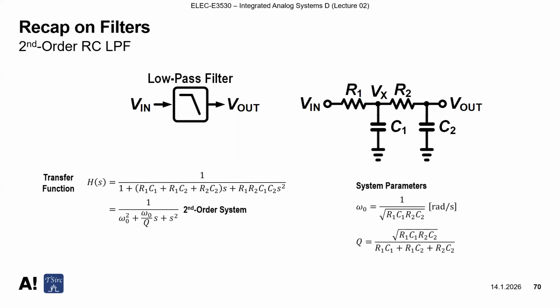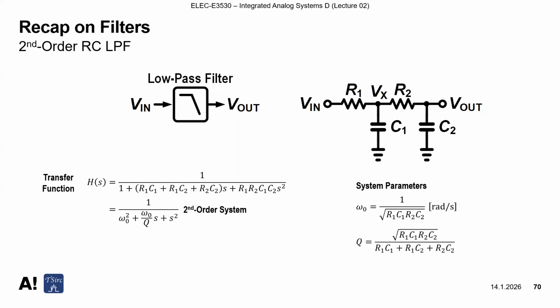This is a second order system that you may recall from our previous prerequisite courses. So we have omega 0 squared over omega 0 squared plus omega 0 over Q times s plus s squared. Here we call omega 0 the center frequency of our second order system, and we call Q the Q factor. Those are system parameters.